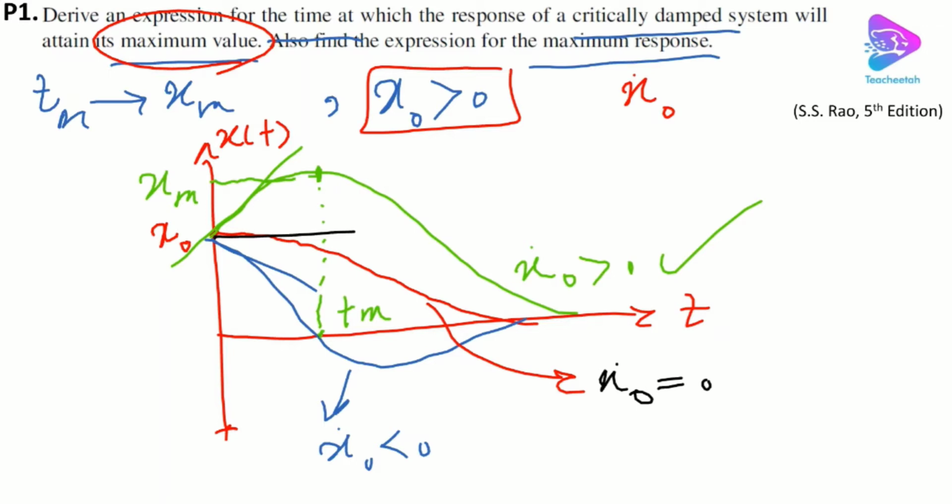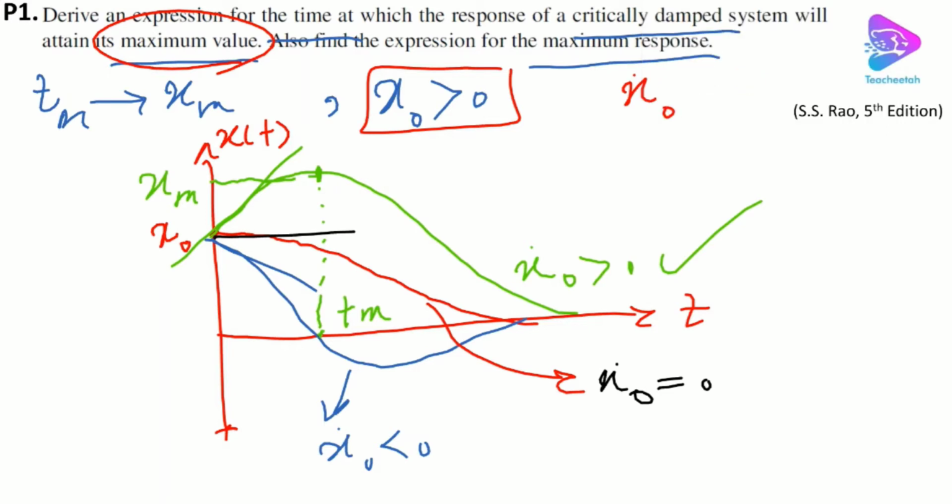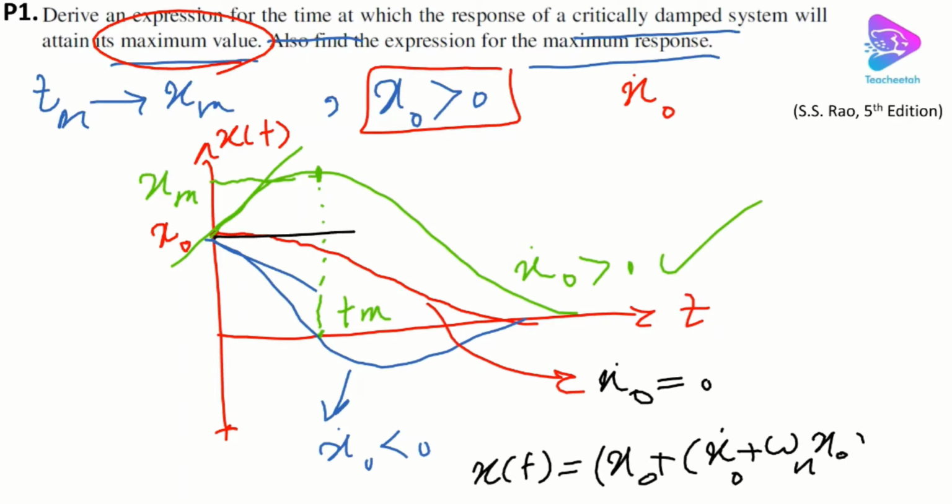But for all these cases, no matter what the initial condition is, we know that the response of a critically damped system is explicit. We know that x(t), no matter what the initial condition is, for a critically damped system is equal to (x naught plus (x dot naught plus omega n x naught) t) times e to the minus omega n t.